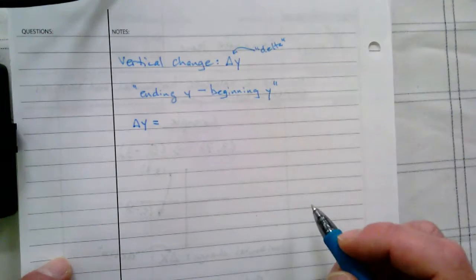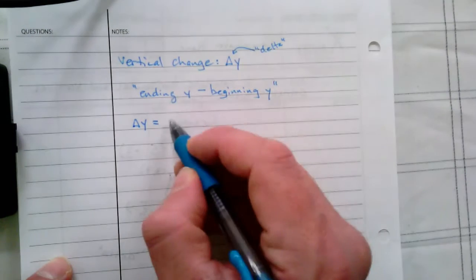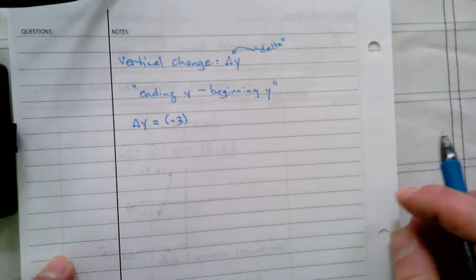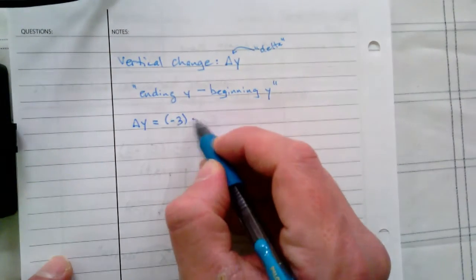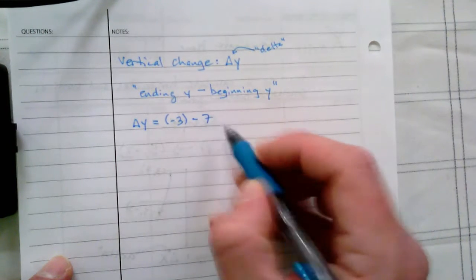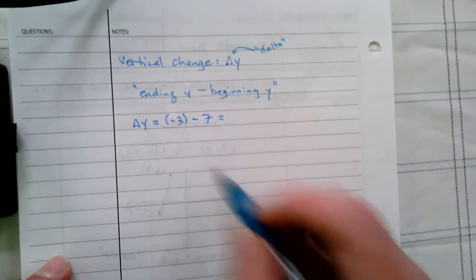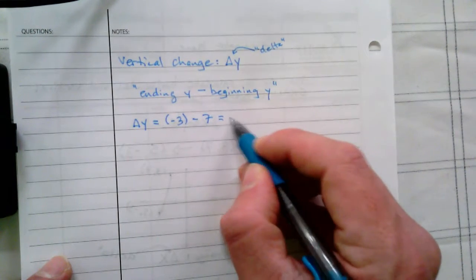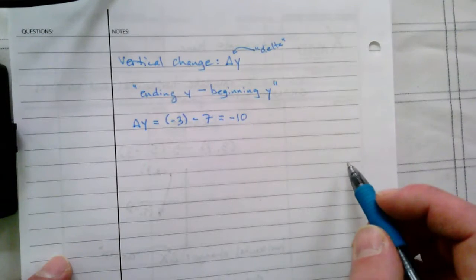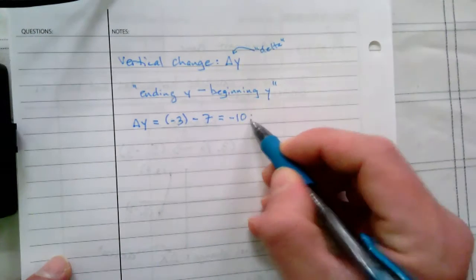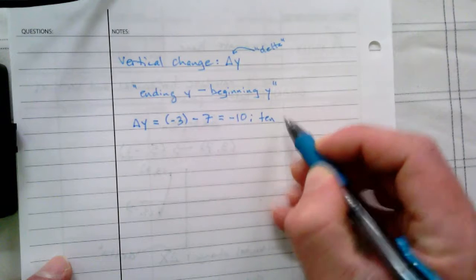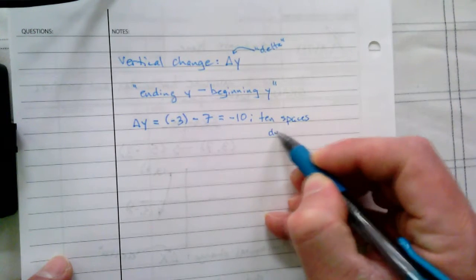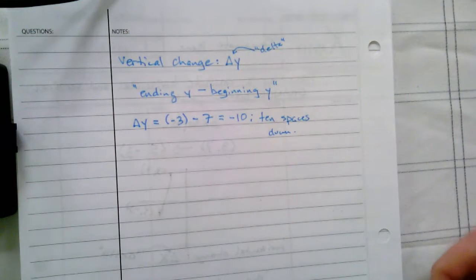Our delta y equals (-3), I'm just putting it in parentheses to remind myself of the negative there, minus +7. If it's 3 degrees below 0, the temperature drops another 7 degrees. It's now -10. And this we interpret as 10 spaces down.